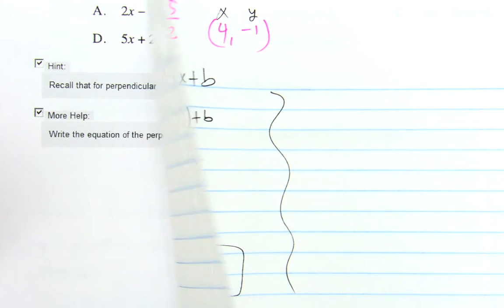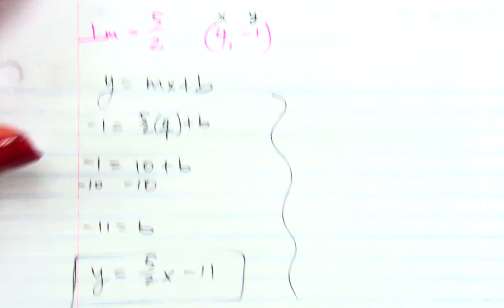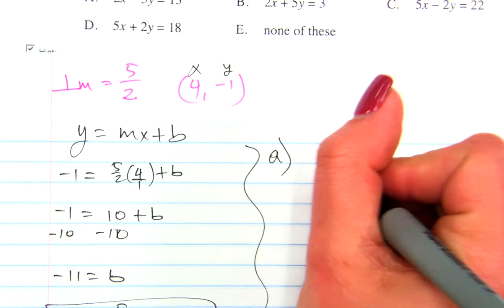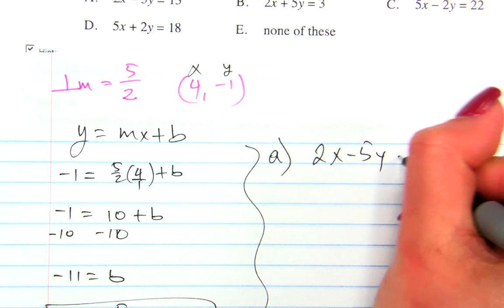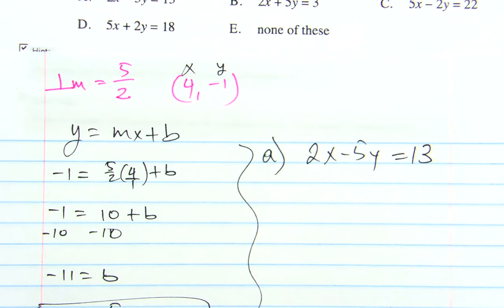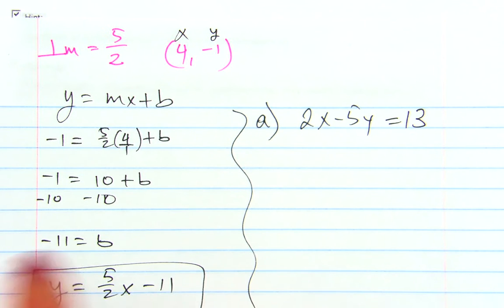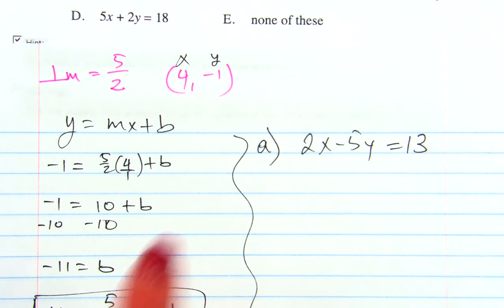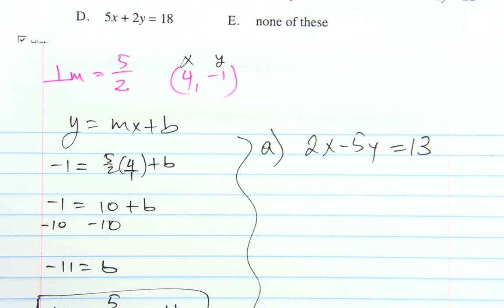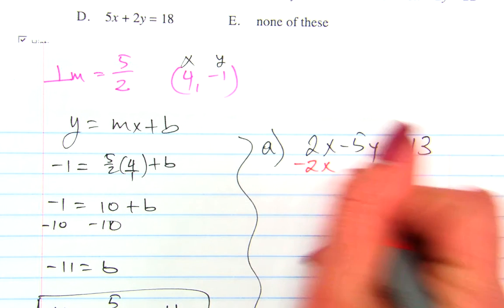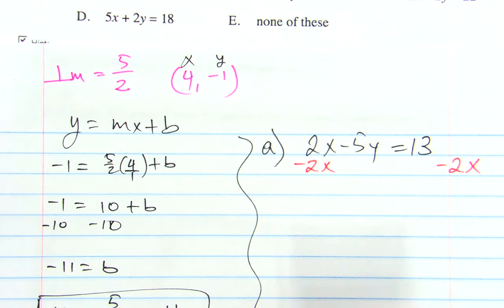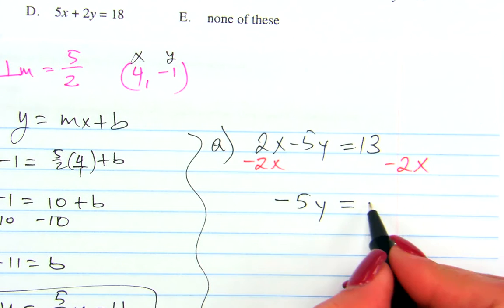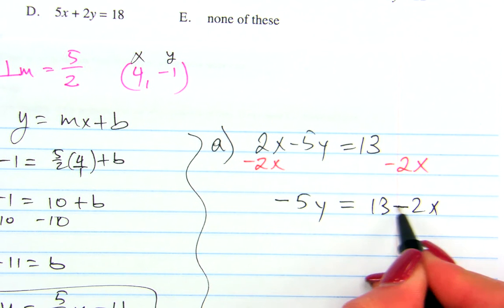I'm not going to go through all of them, but the process is the same, like how I'm going to do part A. A says that 2x minus 5y is equal to 13. Okay, well, it's not in y equals. You have to find the one that matches the one that I boxed up, 5 over 2x minus 11. So the way that we do this in Math 1 is we subtract to get the y value by itself. So now we have negative 5y equals 13 minus 2x.